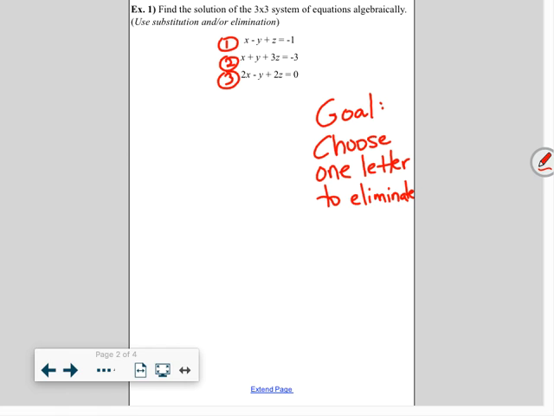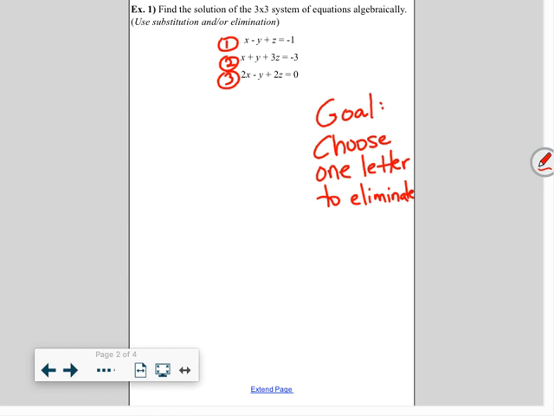It does not matter which letter you choose, but you're going to take a pair of equations and get rid of that letter. Then you have to take another combination and get rid of that same letter. And the cool part is you're going to go from 3 equations with 3 unknowns down to 2 equations with 2 unknowns, and we know how to do that.